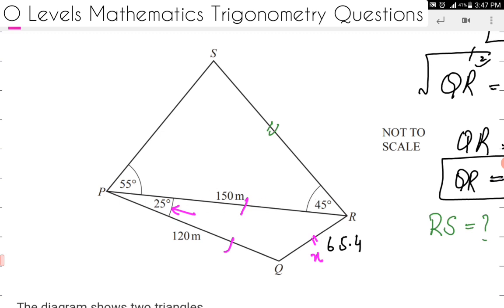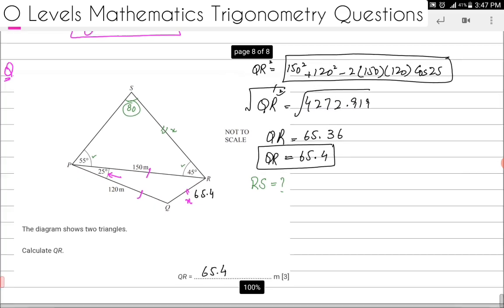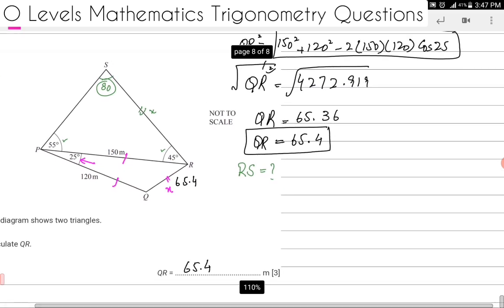So 55 plus 45 makes 100, and we know that the sum of angles of a triangle is 180. So we can calculate this angle S by subtracting this sum, that is 100, from 180. And now we are looking for this length. Now we have to apply the sine rule here, and it's going to be in this way.